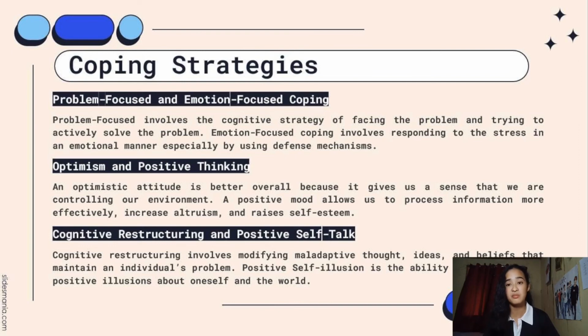Happy people have mildly inflated opinions of themselves and exaggerated beliefs about their ability to control the world. But sometimes, imagining a negative outcome, what we call defensive pessimism, is important because it can allow a person to prepare for an anticipated stressful event.